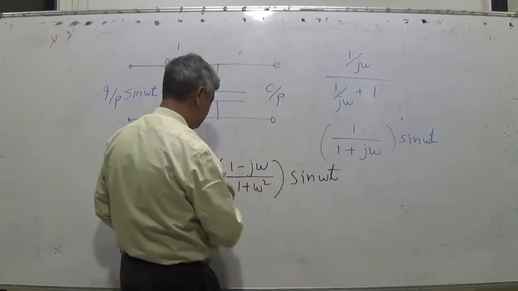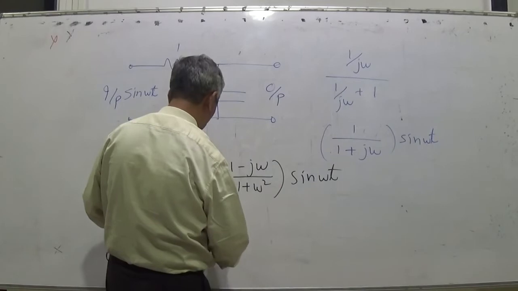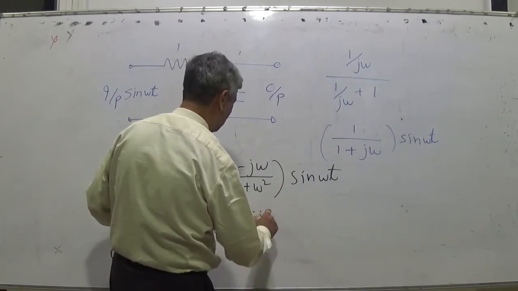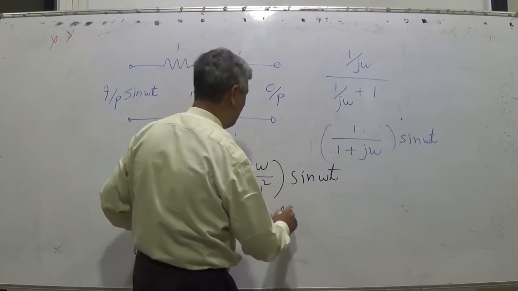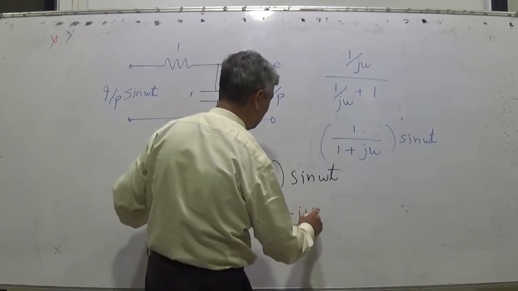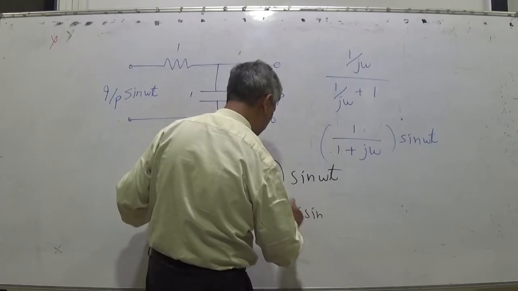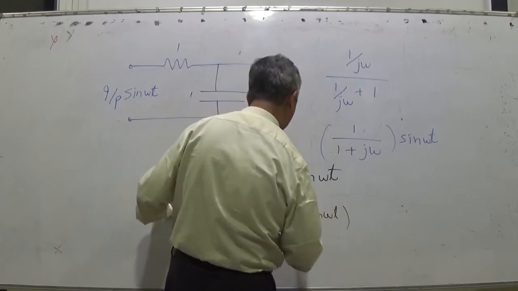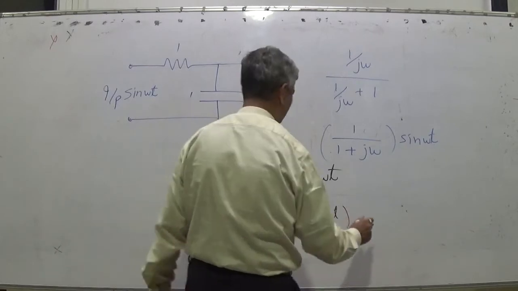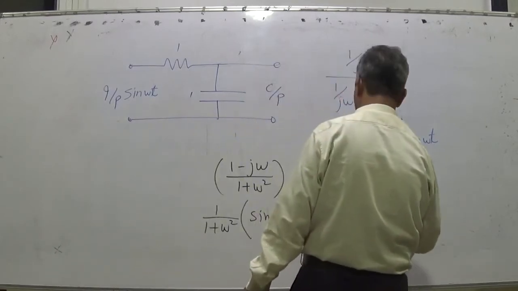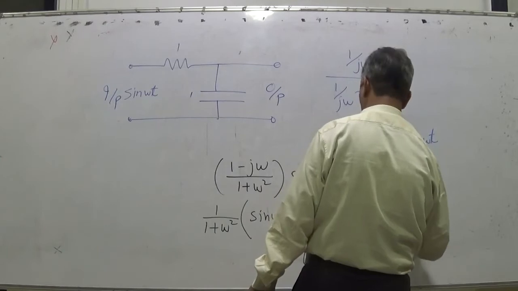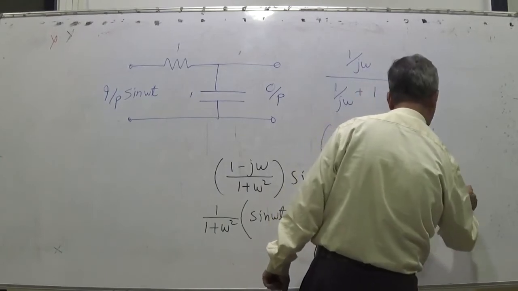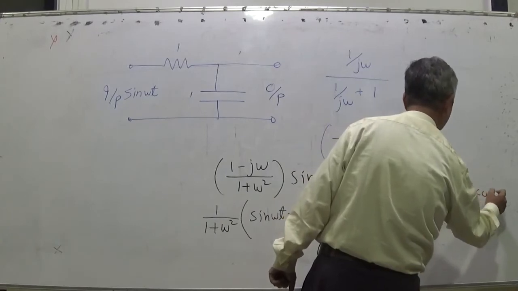I can further write 1 upon (1 plus omega square) into the bracket (sine omega t minus j omega sine omega t). j sine omega t is cos omega t, so I can also write 1 upon (1 plus omega square) into (sine omega t minus omega cos omega t).